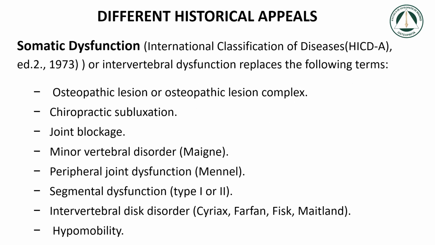The name, somatic dysfunction, or segmental dysfunction, replaces the following terms: osteopathic lesion, or osteopathic lesion complex; chiropractic subluxation; joint blockage; minor vertebral disorder, Maigne; peripheral joint dysfunction, Mennell; segmental dysfunction, type 1 or 2; intervertebral disc disorder, Cyriax, Farfan, Fisk, Maitland; hypomobility.